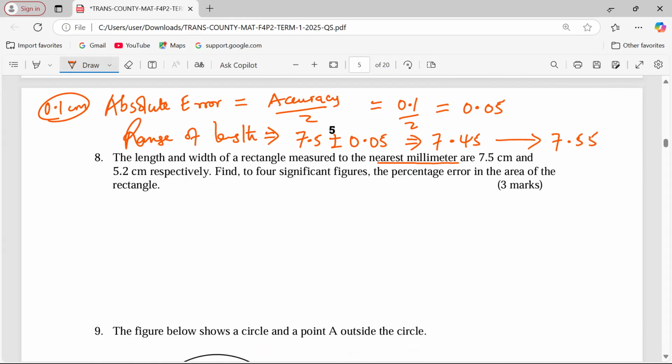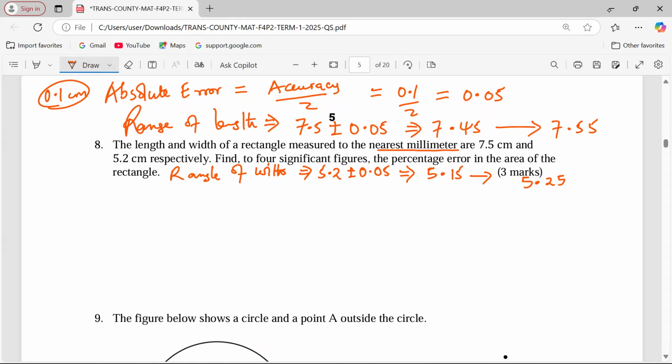It's my hope that I've subtracted well. Then we have a range of width. For this width, which is 5.2, we add or subtract the same accuracy, the same absolute error. And that means we can talk about 5.15 after subtracting, all the way to the upper limit after adding, 5.25.